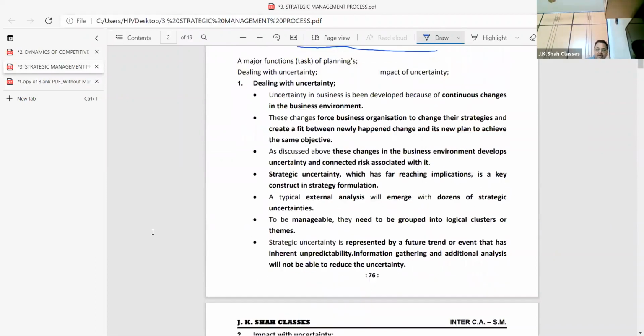See, dealing with uncertainty. Uncertainty in business has been developed because of continuous changes in the environment. So many changes. Nowadays, students, the ministers who are there, Maharashtra mein, what kind of governance we have, students?